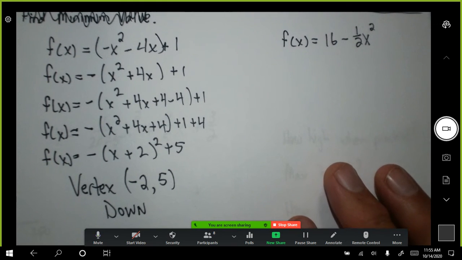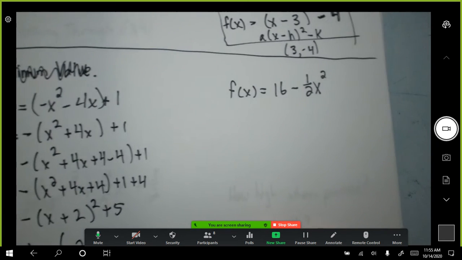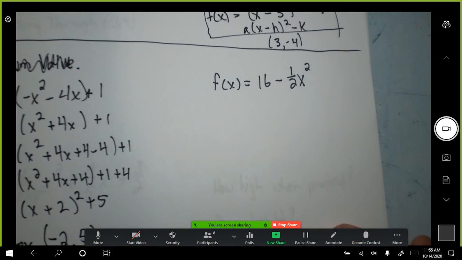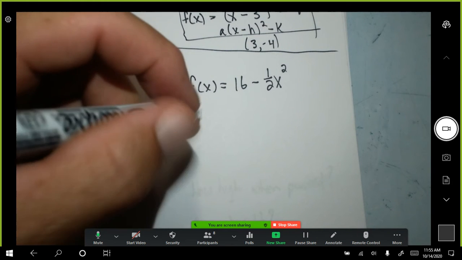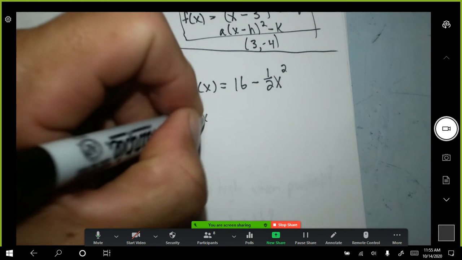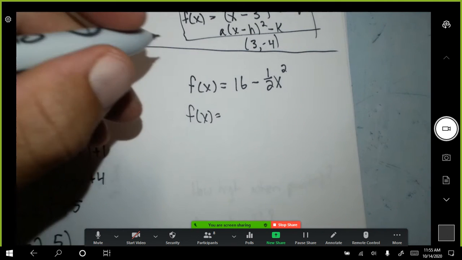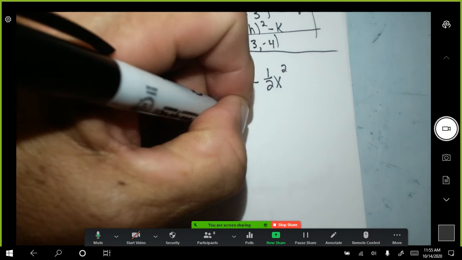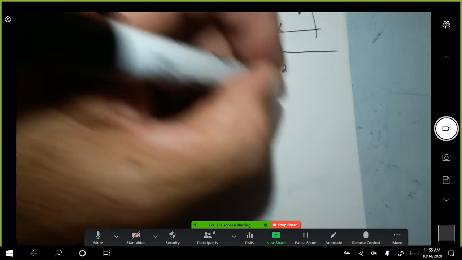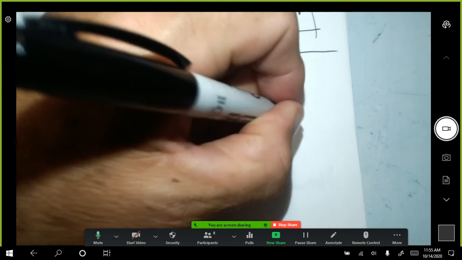All right. Now I do want to show you this one also. This one we don't really have to complete the square because it does not have an x value. I'm just going to rewrite it as negative 1/2 x squared plus 16.